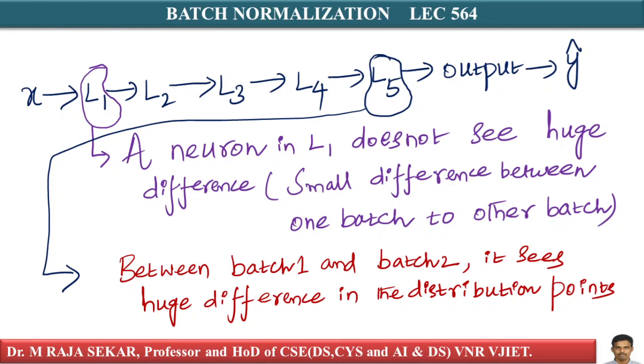It sees output from L4, and because there are so many operations, even though there is a small change between two batches at L1, a neuron at layer 5 will see batches being very, very dissimilar.